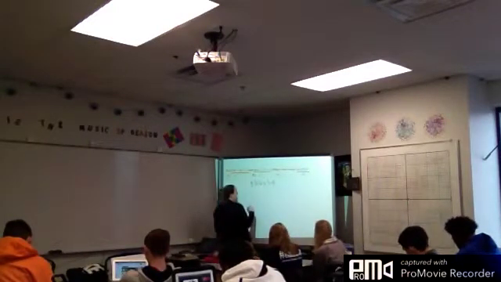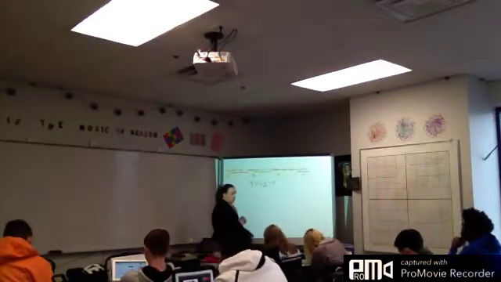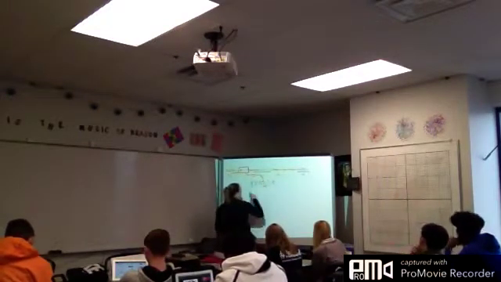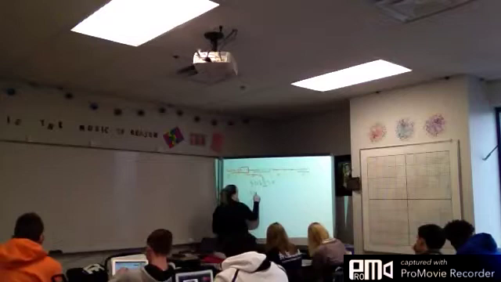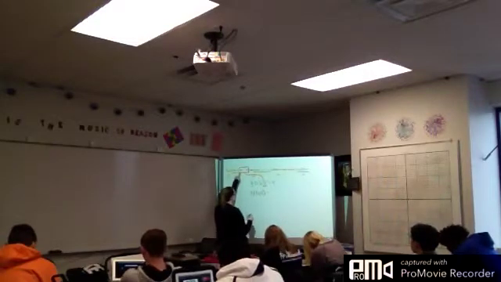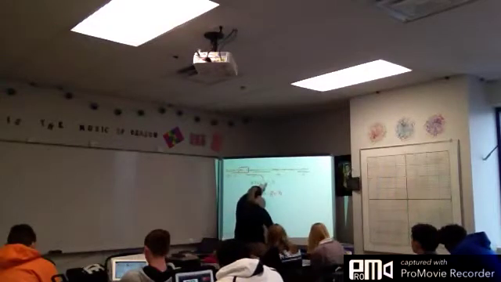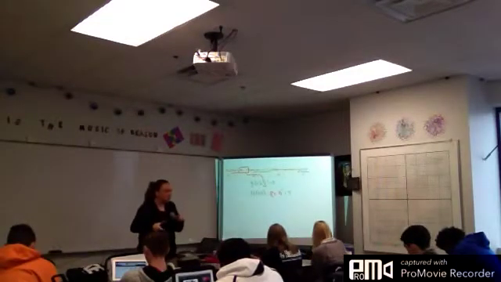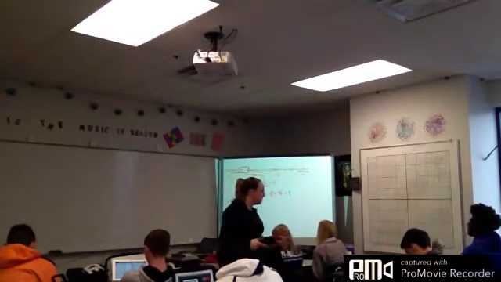When it has g of f, that means anywhere there is this x in the function of g, I am going to replace it with this whole equation. So, g of f of x equals this equation, 2x minus 7, and what am I doing with that? I am squaring it plus 4. So I placed that function into anywhere in the equation there's an x, because sometimes we have equations with more than just one x, correct?